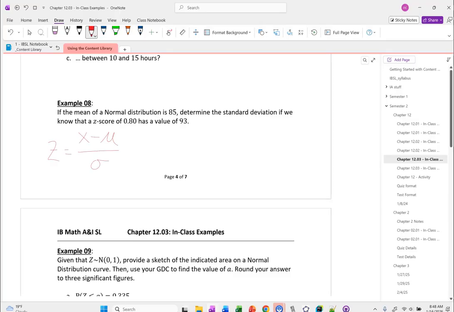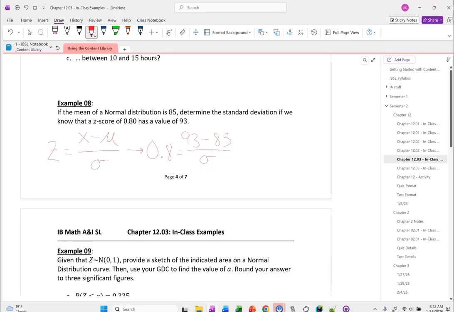Then you have 93 minus 85, and this is equal to 0.8. Yep, and then you're just solving for sigma, right?